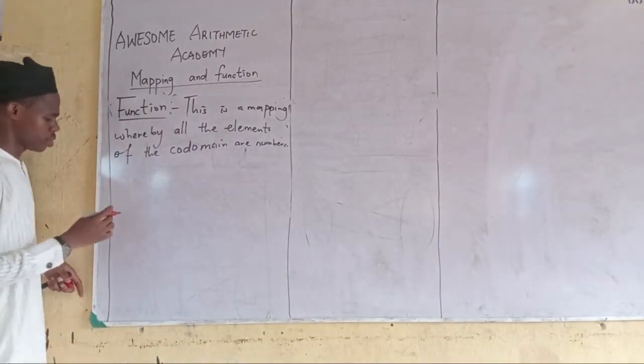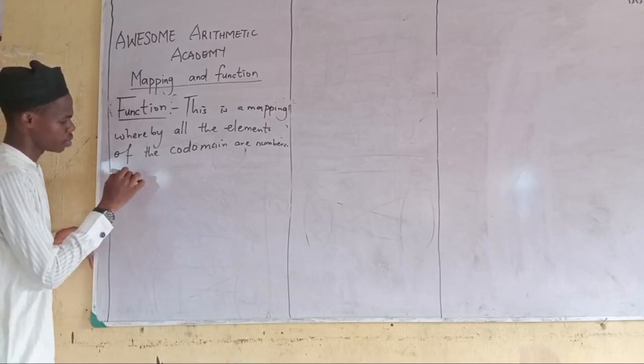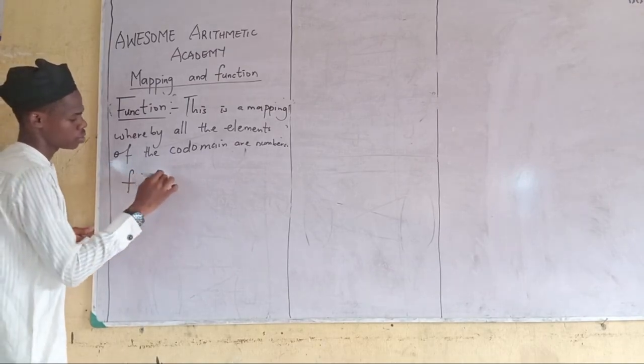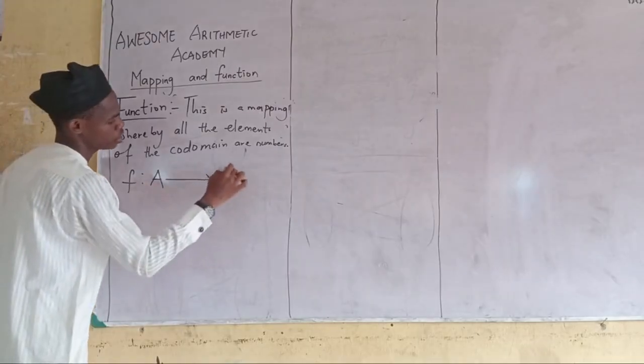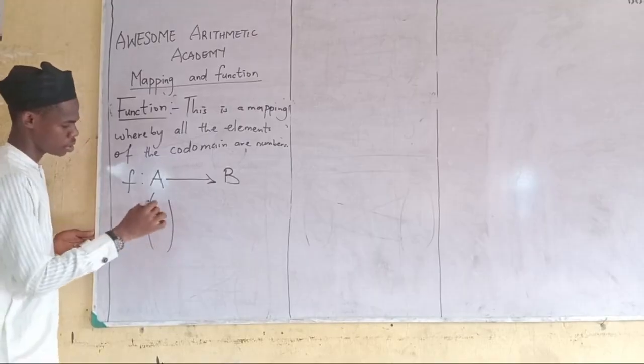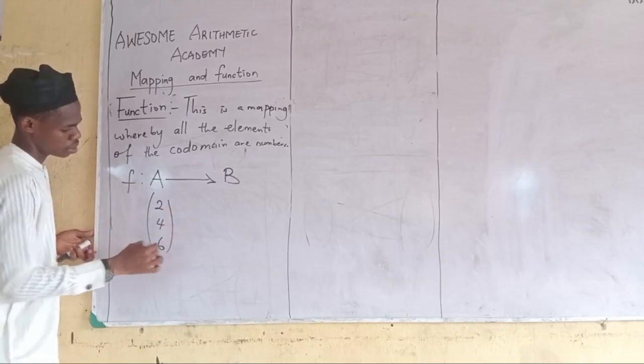When we have something of this nature now, we have f being a function which maps set A to B, and then I have it here as 2, 4, and 6.